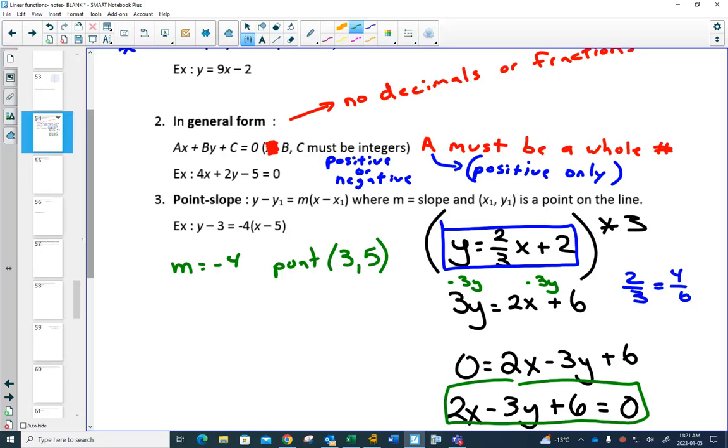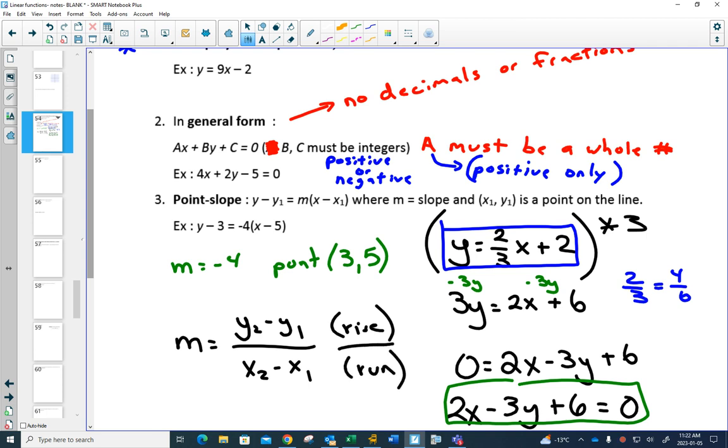Do you remember your formula for slope? That your slope is your rise over your run? Do you remember that from before Christmas? The slope is the change in your y values over the change in your x values.